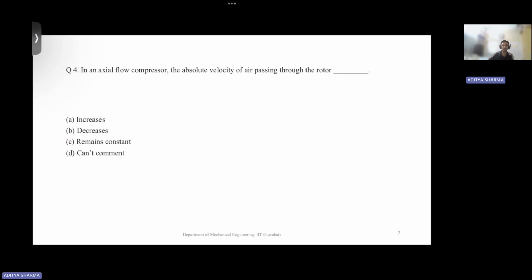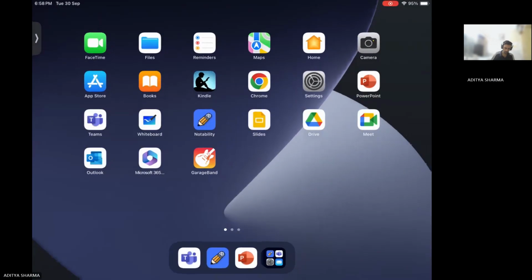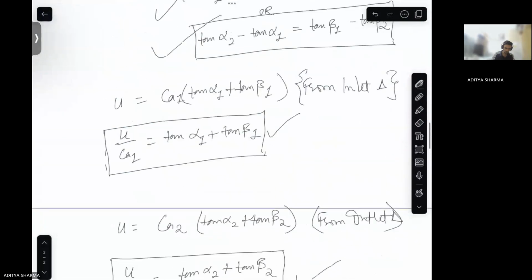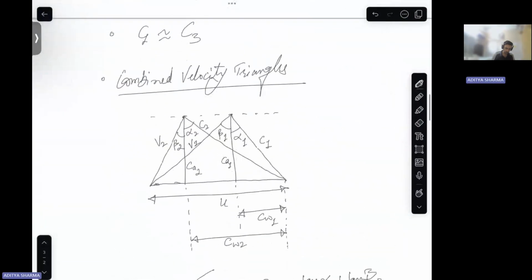So what will be the right answer to this question? What happens to your absolute velocity? We can comment on it if we see the combined velocity triangle diagram.